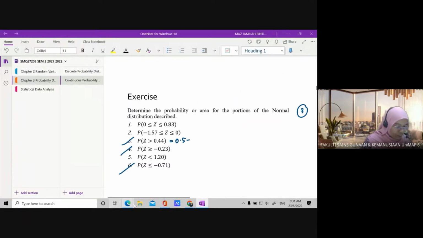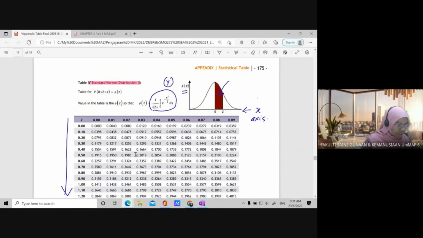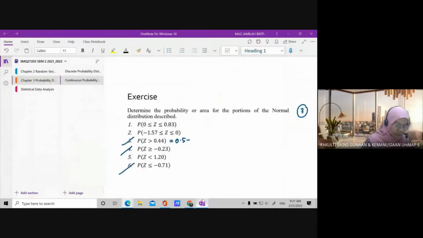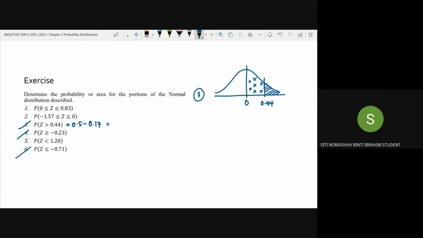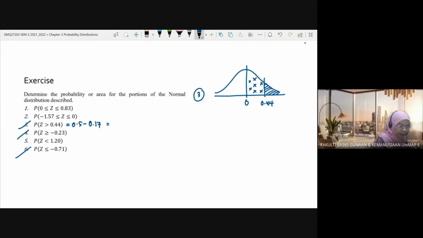So 0.44, you get 0.17. Okay, 0.17. So what is the value, class? 0.33. 0.33, correct.